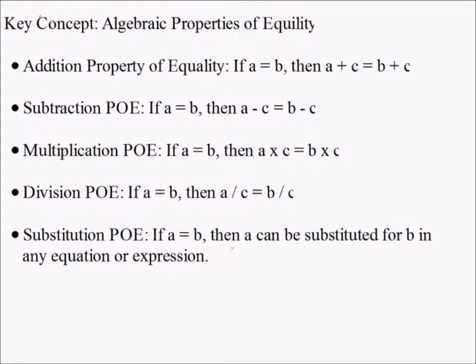So if A equals B, then A can be substituted for B in any equation or expression. So let's say, for example, and you guys don't have to write this down over here, let's call it optional.